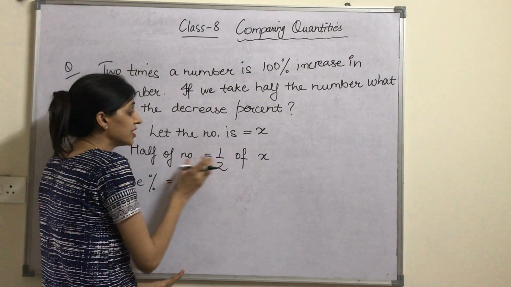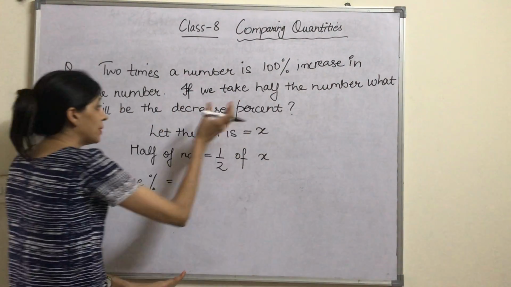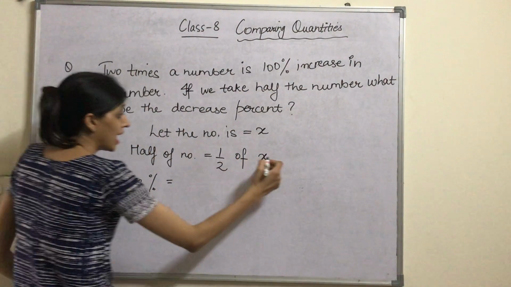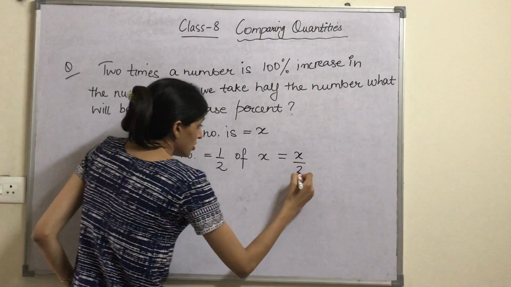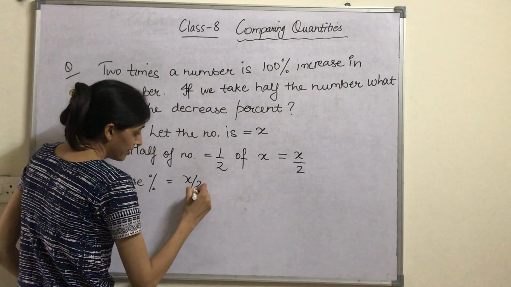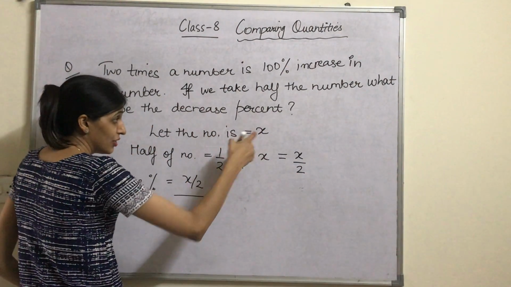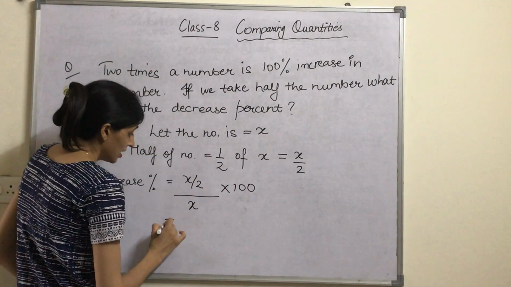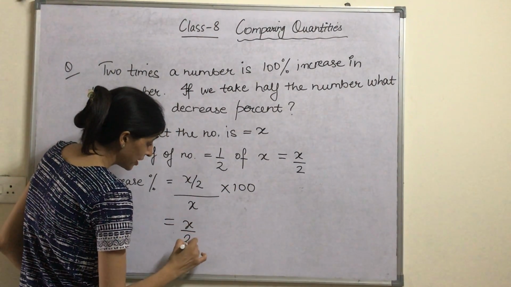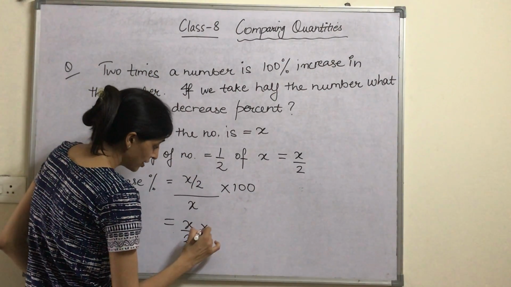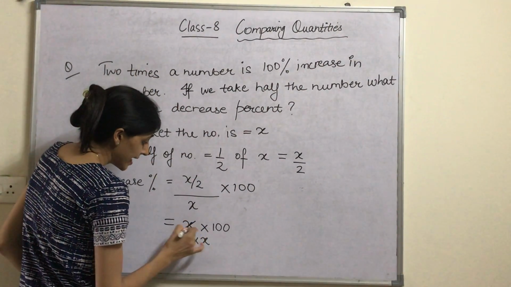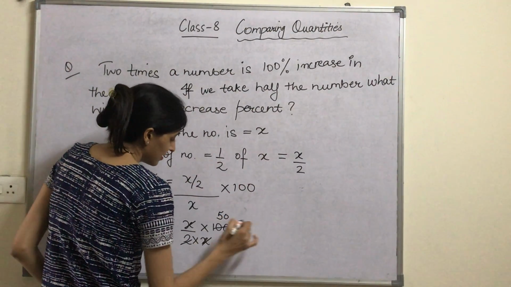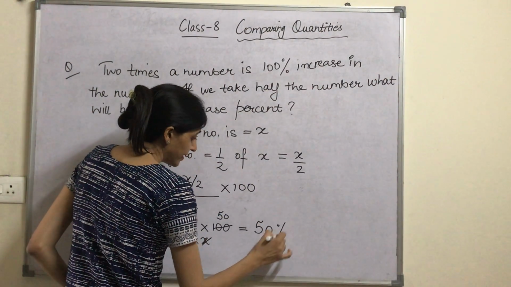Half the number is x by 2. So the difference x by 2, upon the original number x, into 100. The x cancels with x, and this comes out to be 50%.